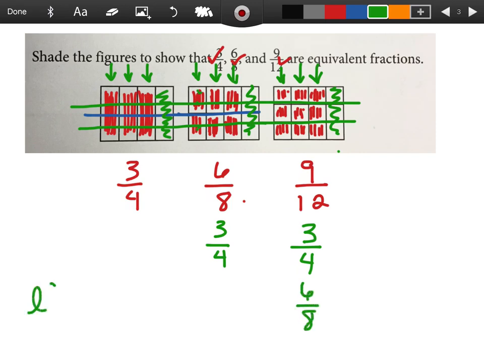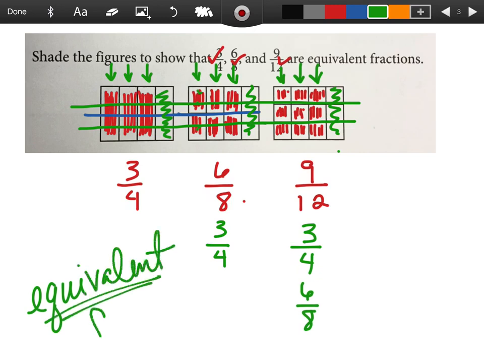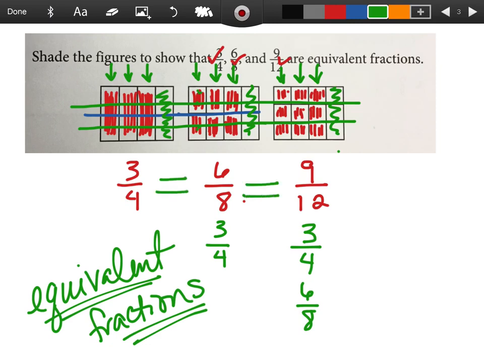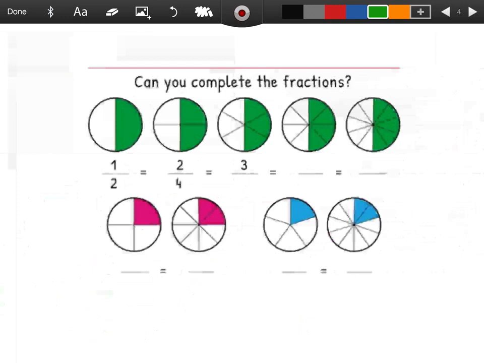So these are all equivalent. So these are equivalent fractions. Again, when you reduce them, they come back to being equal to each other. Okay? All right, so let's see if we can complete these fractions.